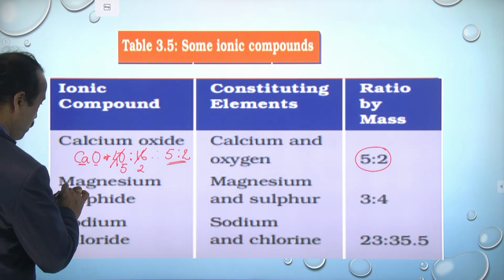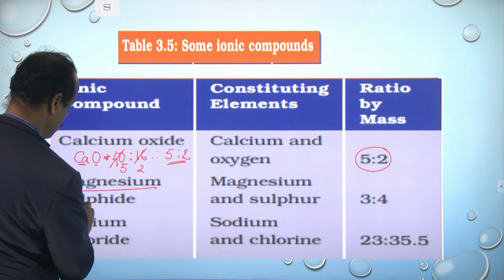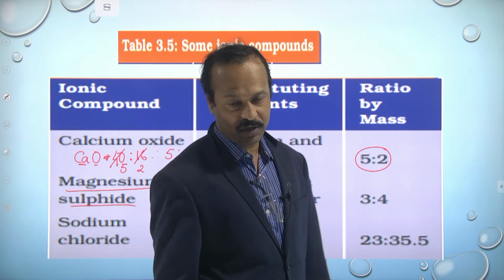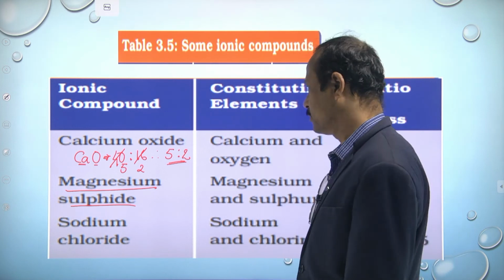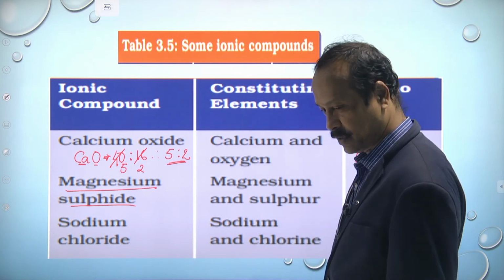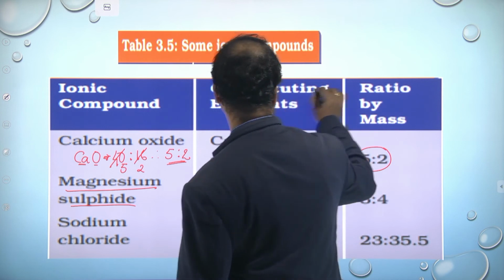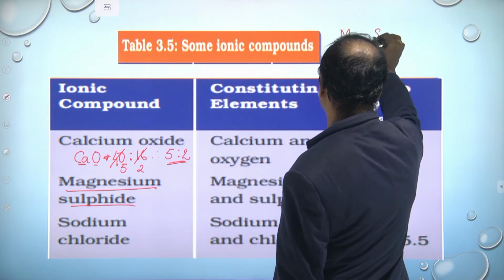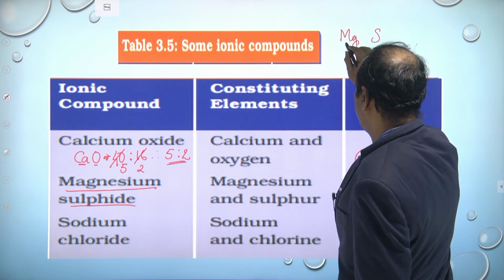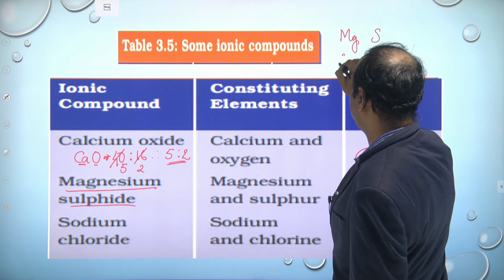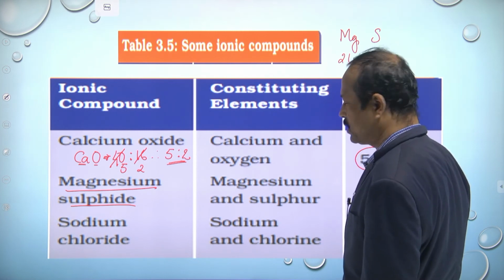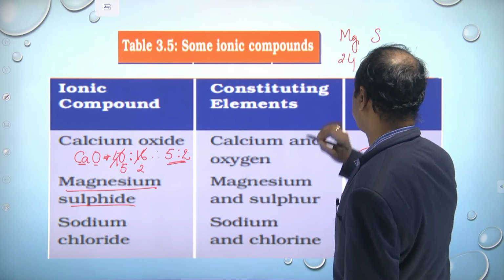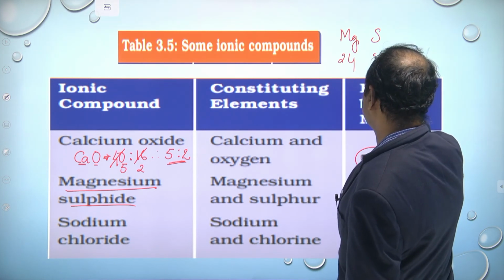Similarly, magnesium sulphide. What is the formula of magnesium sulphide? MgS. Magnesium atomic mass is 24 AMU, atomic mass units, and sulfur is 32.